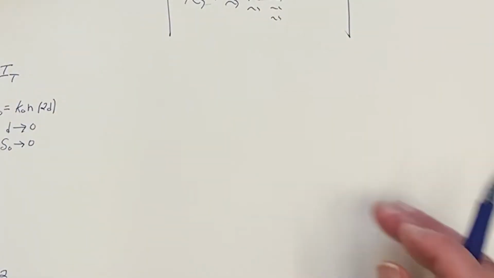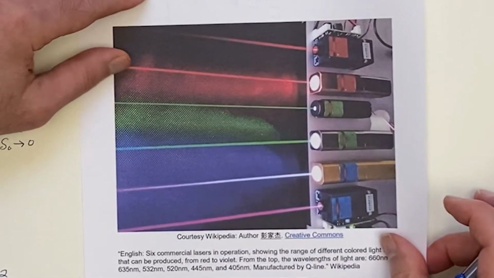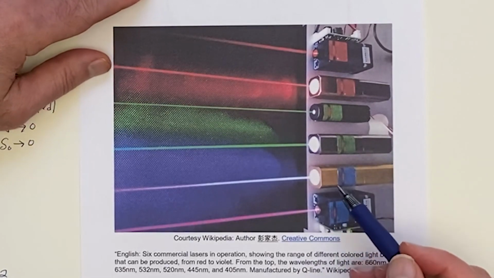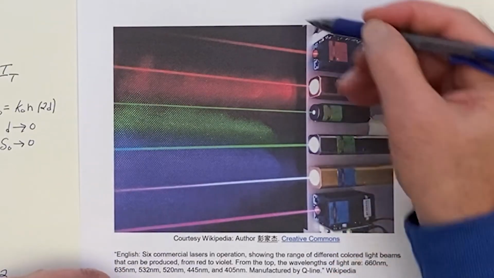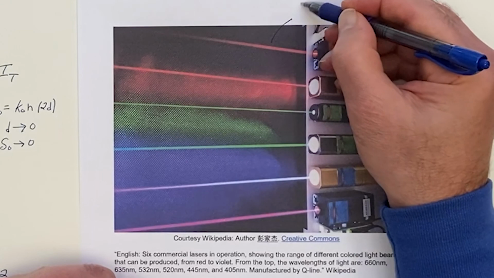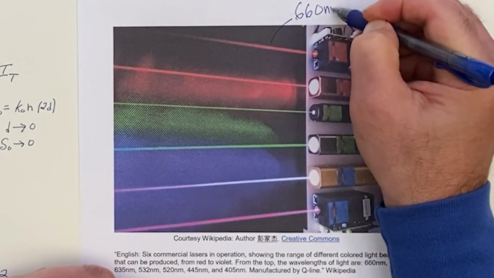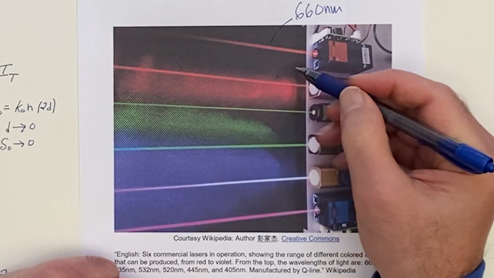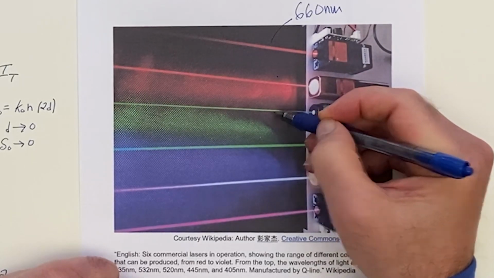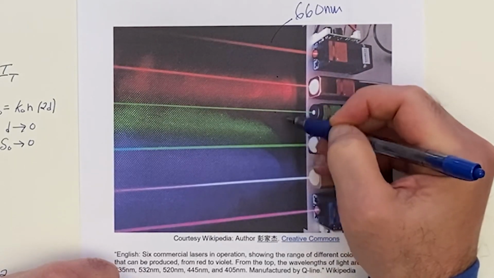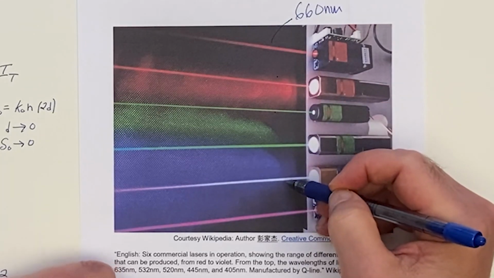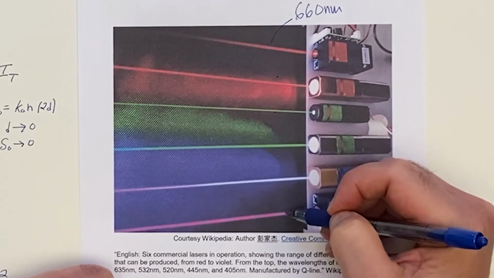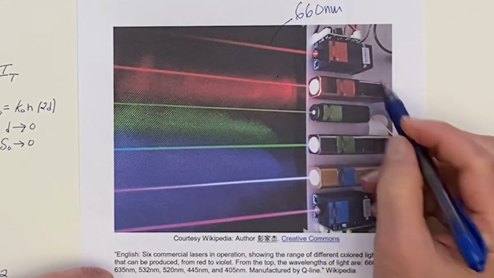And here is a beautiful example of commercial lasers. This top one here is at 660 nanometers. This one here is at 635, and then 532, 520, we're in the green, 445 in the blue, and 405 in the violet. Very, very nice.